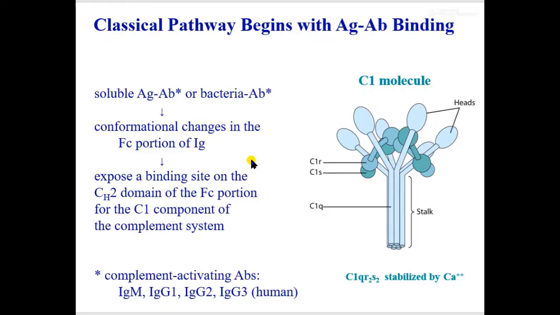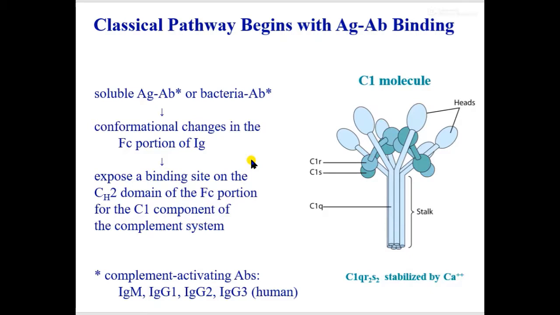If you take the Y-shaped structure, the ends of the V are the ones which interact with the antigens. The remaining stalk-like portion is called the Fc fragment. So once an immunoglobulin gets bound to an antigen, the Fc portion will undergo some conformational changes, and it will expose the binding site on the CH2 domain of the Fc portion for the C1 component of the complement system.